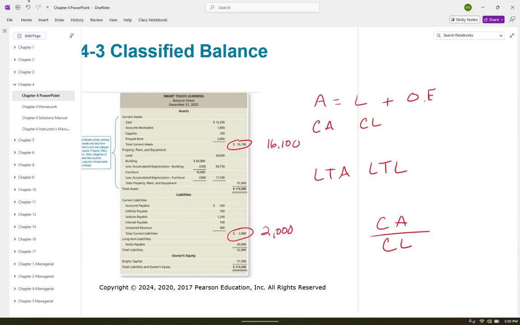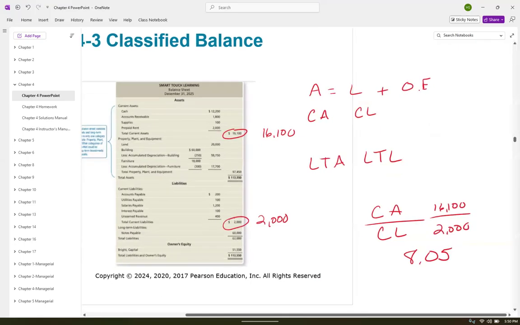So the current ratio here is 16,100 divided by $2,000. I did not do that math ahead of time. Let me do that really quick. So that is a current ratio of 8.05. So what does that tell me?